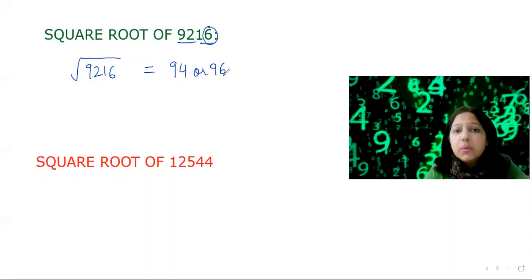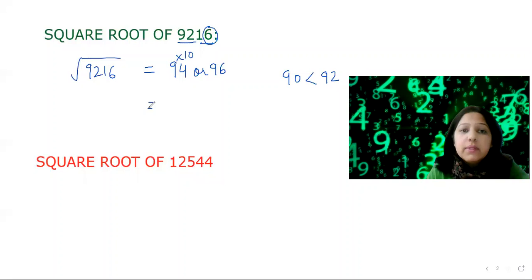Now to find which one is the correct one, the same method we will apply here. We will multiply this 9 with 10. Now you know 90 is less than 92. If it is less than 92, we will pick up the larger number. So the square root of 9216 is 96. So it's very easy. If you know the process, you can do it in seconds only.